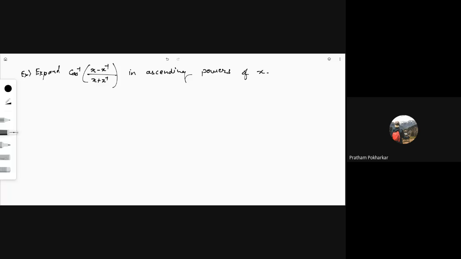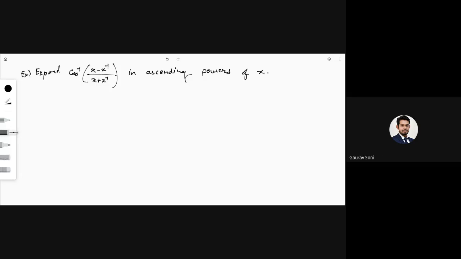Then we'll substitute x as tan theta. So y is equal to cos inverse of (tan square theta minus 1) upon (tan square theta plus 1). So minus 1 sign, it will become cos inverse of minus cos 2 theta.